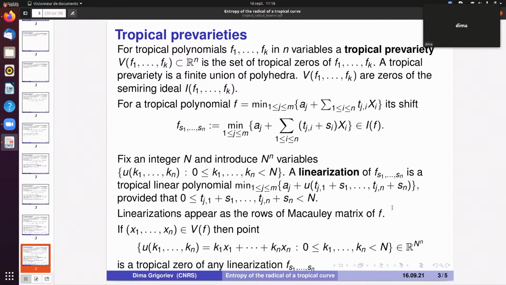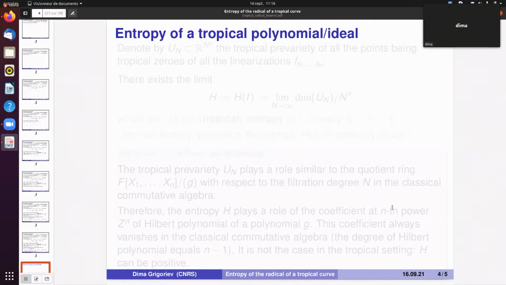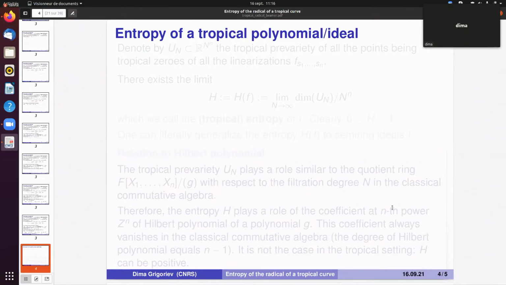We would like to consider, as I said at the beginning, some analogy of the Hilbert polynomial. In the classical world, we take the space of all the polynomials as a linear space, and a quotient space with respect to the ideal, and then we take the dimensions of its truncated components with the filtration by the degree.